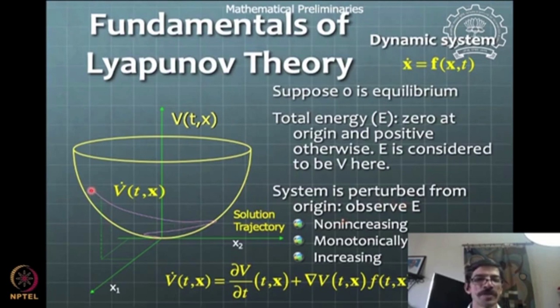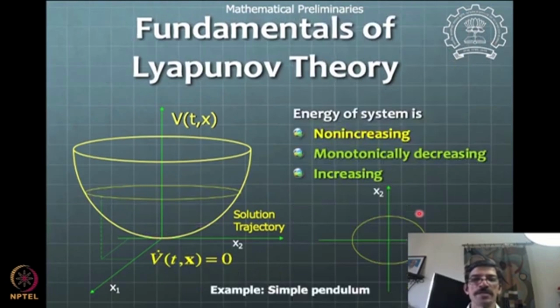The system is perturbed at some point from the origin, and now we see how the system trajectories evolve, and what is happening to my V, or what is happening to my energy E. In the first case, say the energy is non-increasing, so the energy remains the same. I am perturbing here, and the energy is the same.